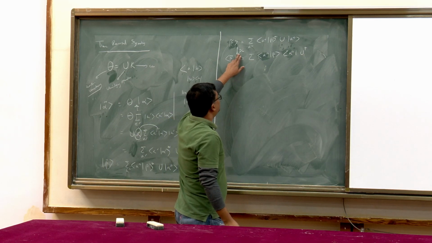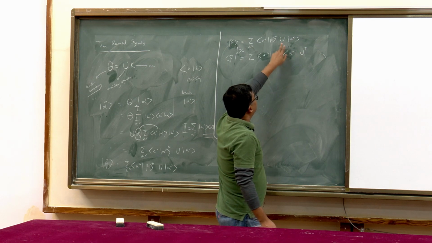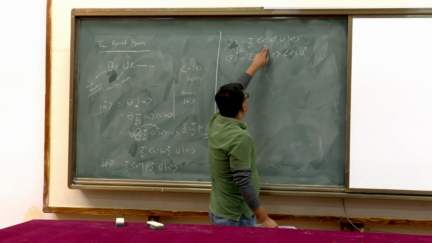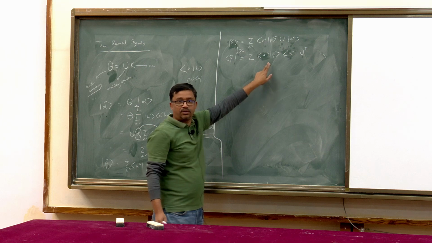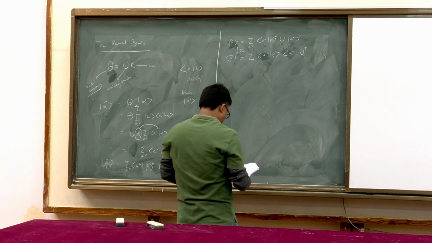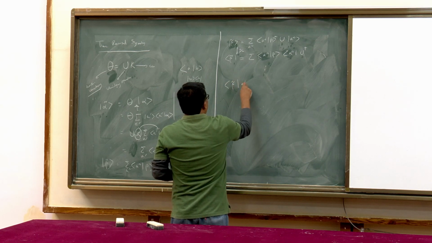That is the dual correspondence. It changes the ket to bra, the operators to their dagger, and the coefficients to their complex conjugate. Now, take this inner product.